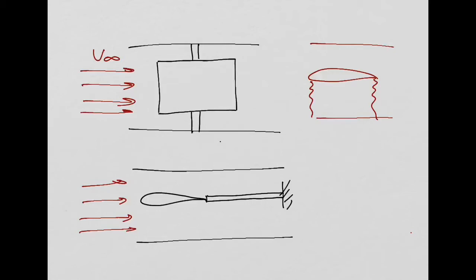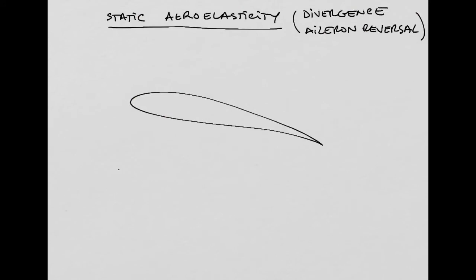So why am I talking about the wind tunnel? Because when you are designing an aircraft, you need to get the speed of your aircraft after which you get divergence. Divergence means infinite lift on your wing, which you don't want for sure, right?